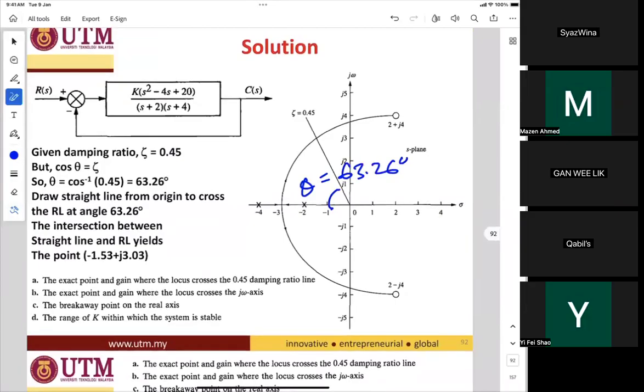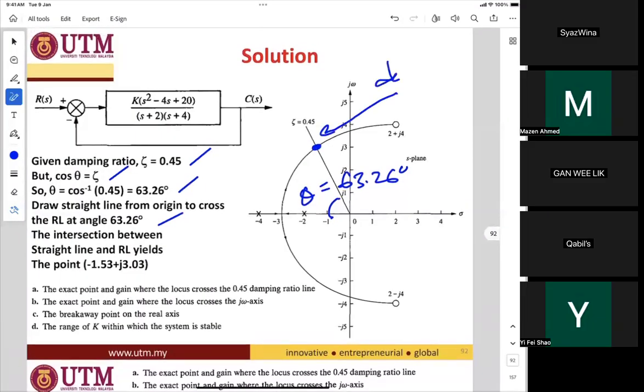Okay, good. Zeta 0.45, theta 63.26. So this is the angle of theta, and this one is the point of intersection between the damping ratio line and the root locus. The name is dominant pole.